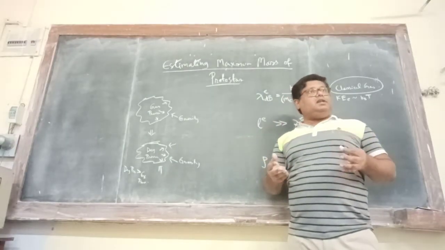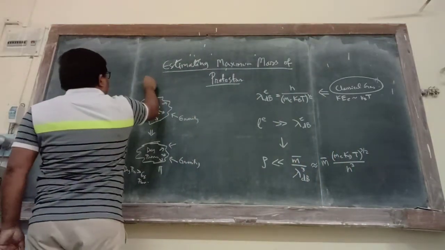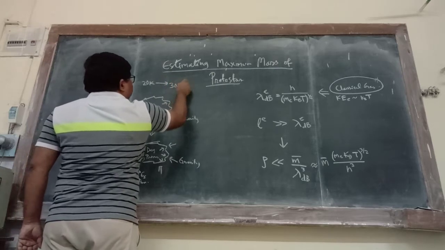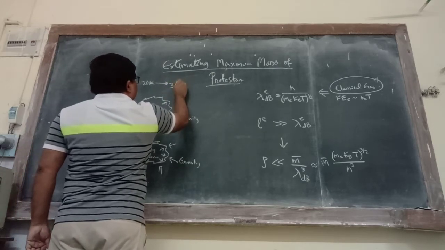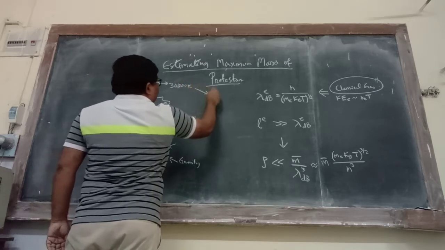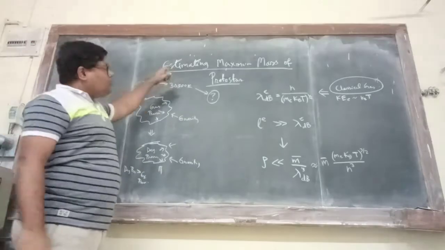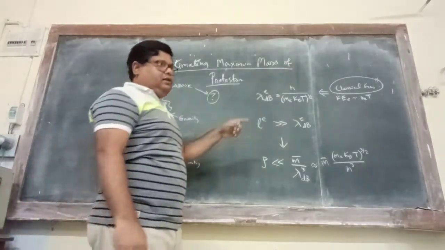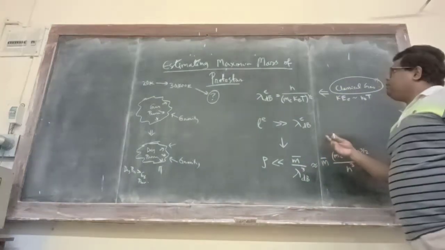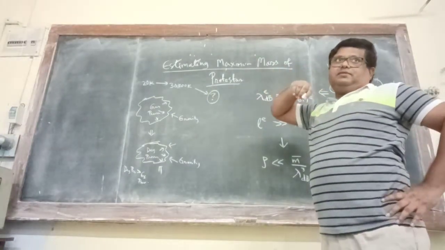So the question is, how much will the temperature rise? 20 Kelvin keeps on increasing to 30,000 Kelvin. So the question is, where will it end? That means we want to now find what is the maximum possible temperature.